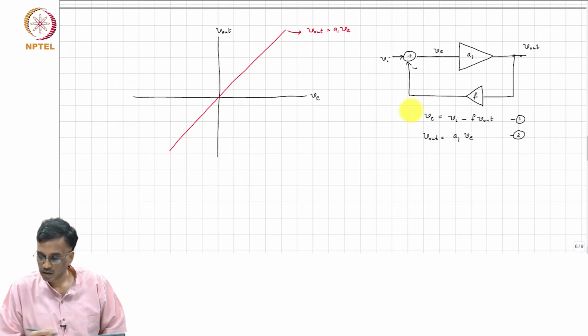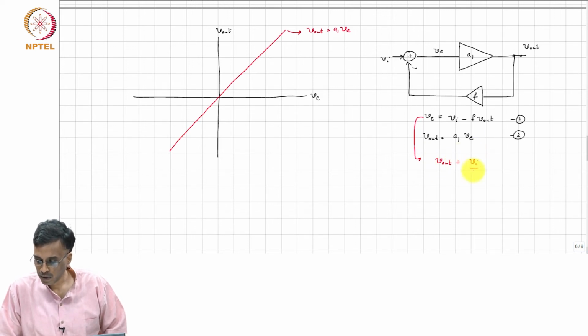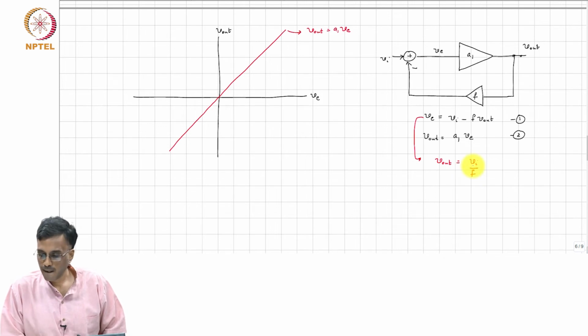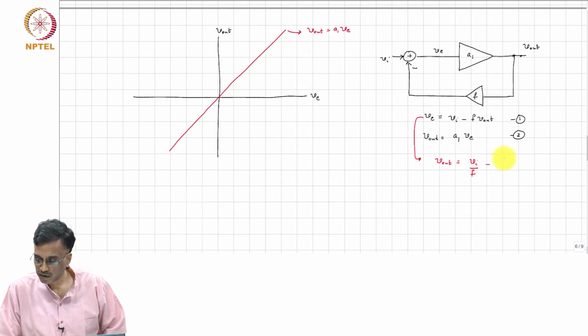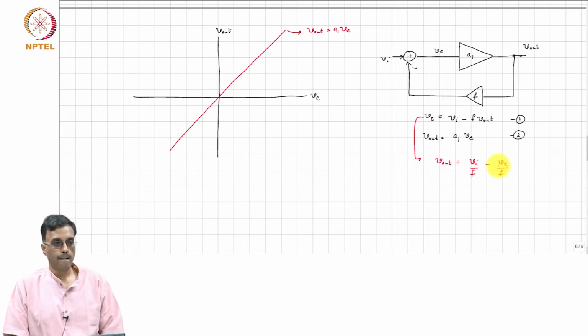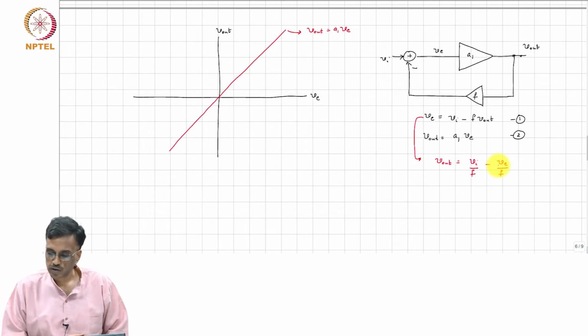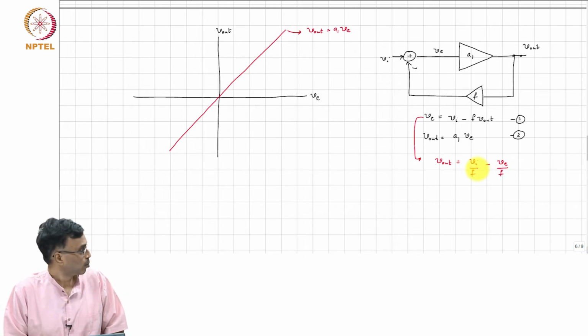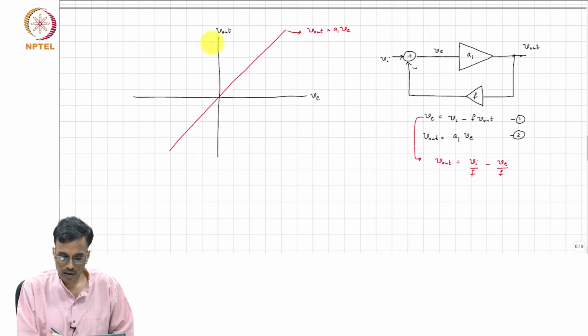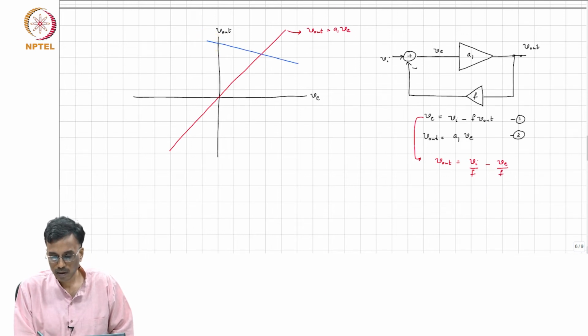You can see that this can be rewritten as V out equal to Vi by F minus VE by F, correct. So, that basically means it is a straight line with a slope of minus 1 by F, right.